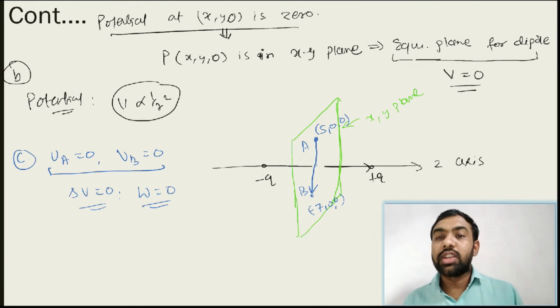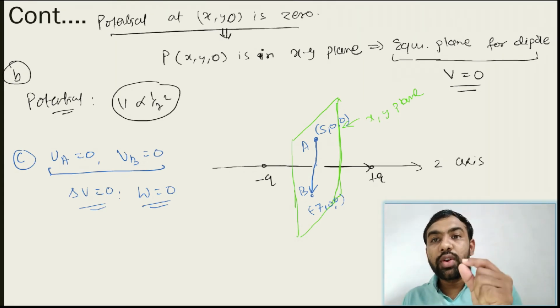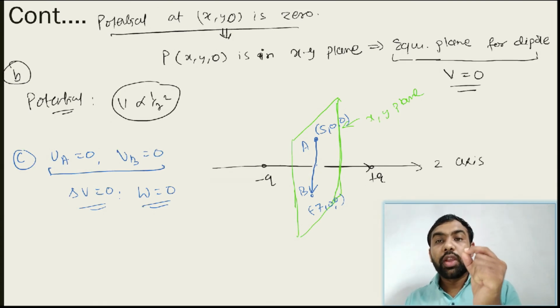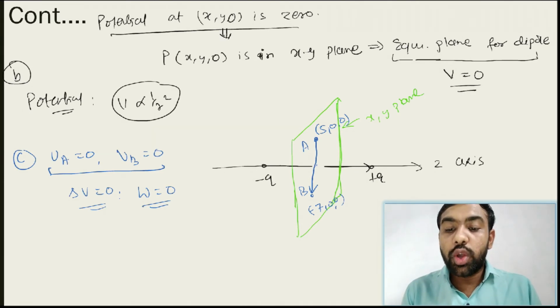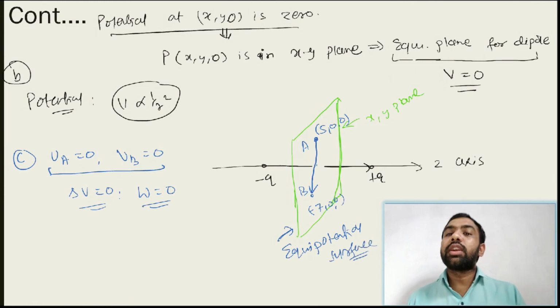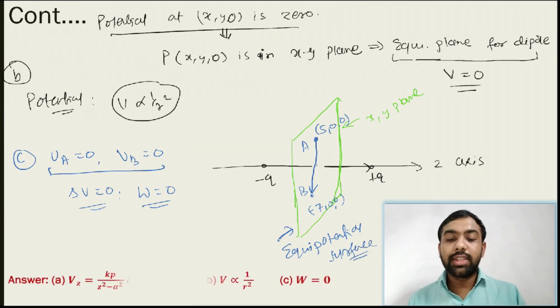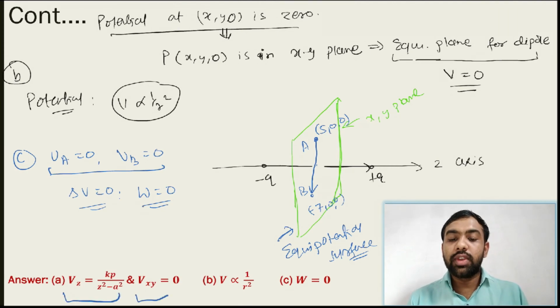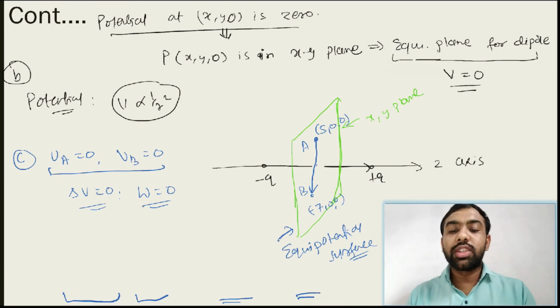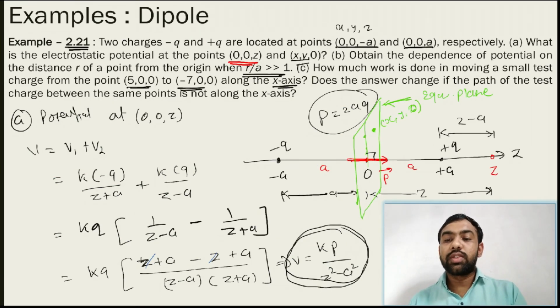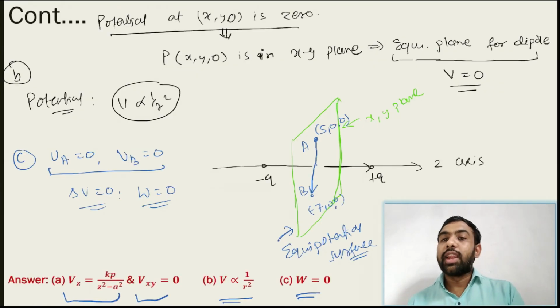As we discussed in a previous session, if any charge is moved in the equatorial plane of a dipole, the work done is 0. Why? Because it is an equipotential surface. So net work is 0. And our answer is: VZ is equal to this, Vxy is 0, V proportional to 1 upon r square, and work done is equal to 0. Okay, all of you note this full example in your books. Then after that we go to the next one.